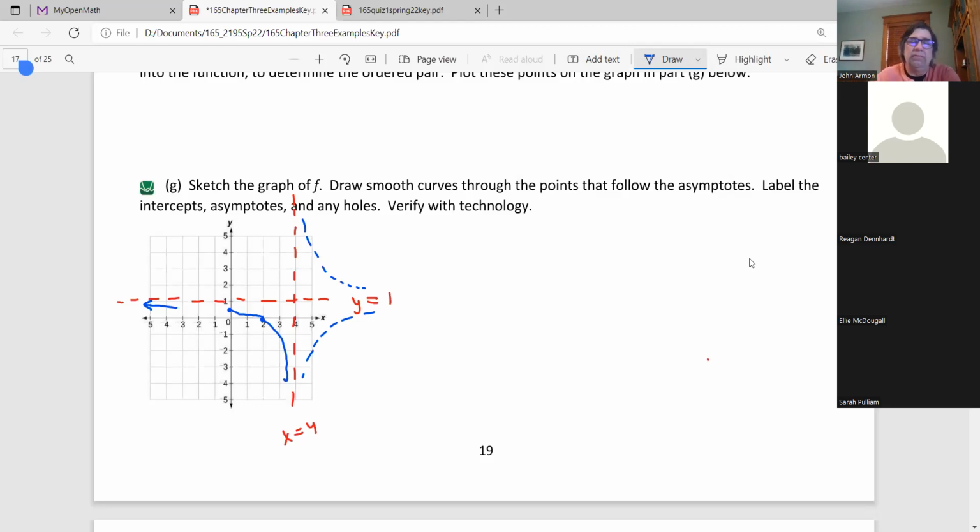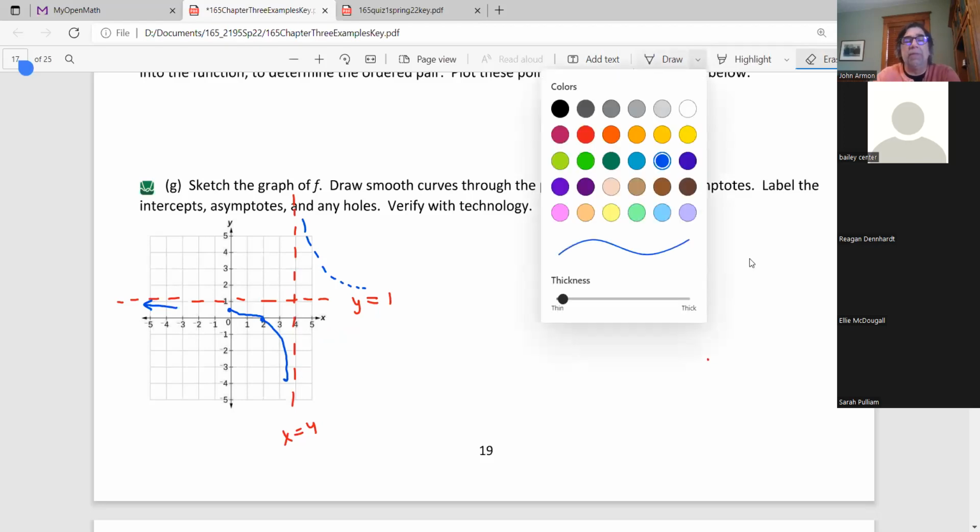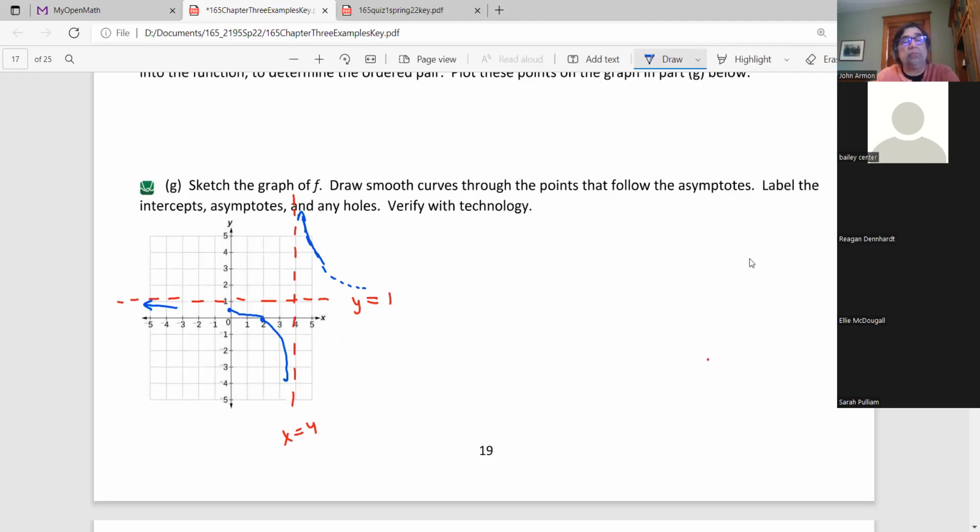Above or below? Can't be below because there are no more x-intercepts. This is the only x-intercept. So using that to help you with the graph, you can erase this part and say can't happen and just draw this other part. And you don't even need any points to help you draw that. All right, so there it is right there.